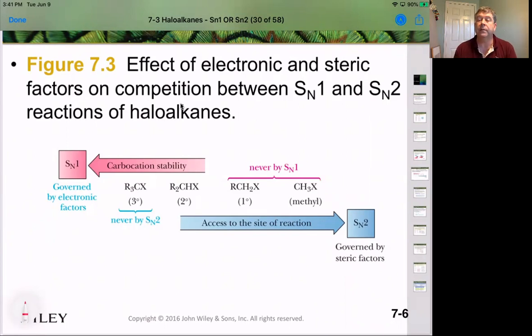These never do SN1 because the stability of the methyl carbocation and the primary carbocation are very, very low. Therefore, they almost always do SN2 type reactions. The one in the middle, the secondary alkyl halide, is the one that can do either the SN1 or the SN2, depending on some of the factors such as how good the nucleophile is and what solvent you're in.